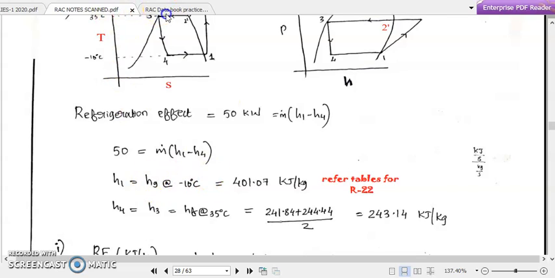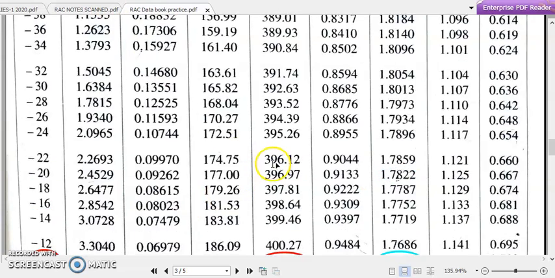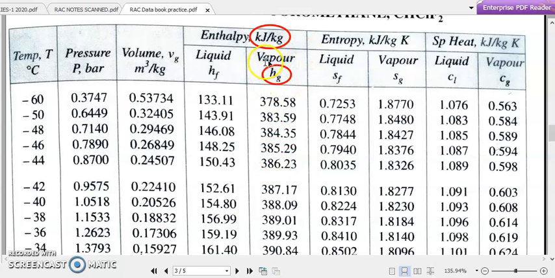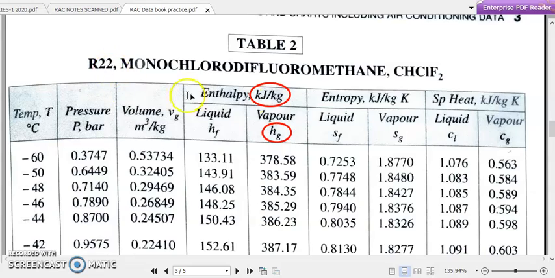Again we are looking up the data book. This is the column for Hg, the enthalpy corresponding to the saturated vapor state of refrigerant R22.